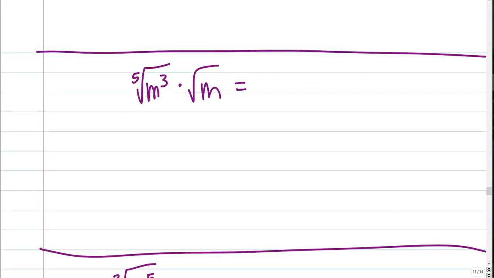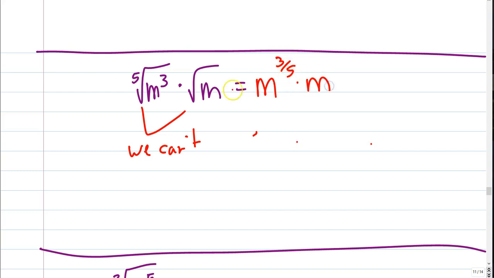How are we going to handle this? We can't. Not in this form. I cannot multiply these together unless they have the same root. So what do we have to do? M to the 3/5, m to the 1/2. Exponent, root, denominator.